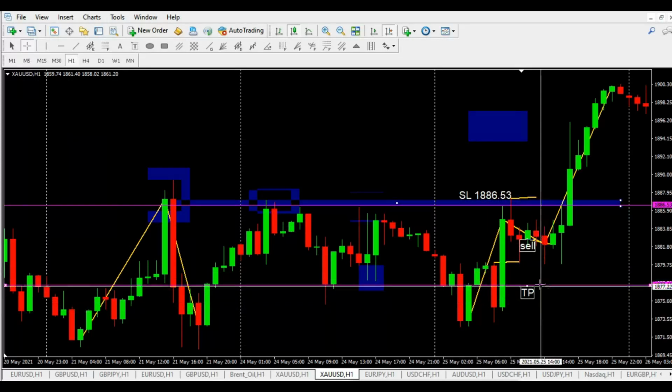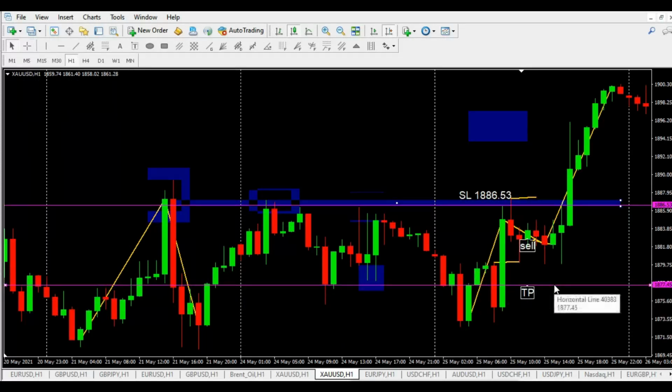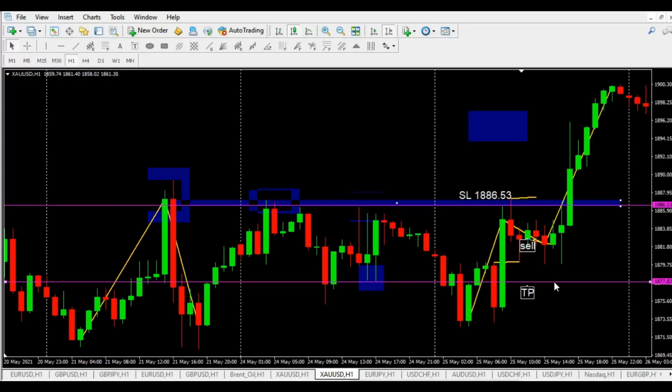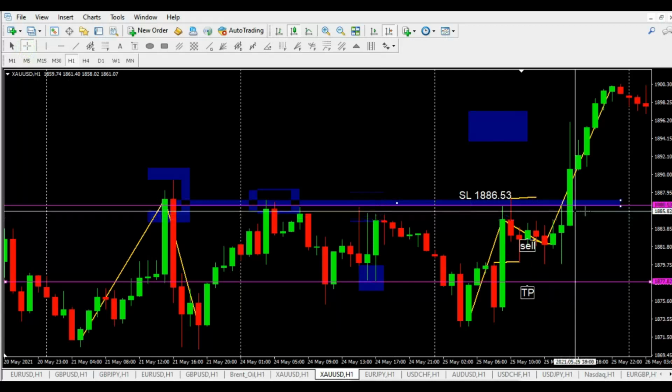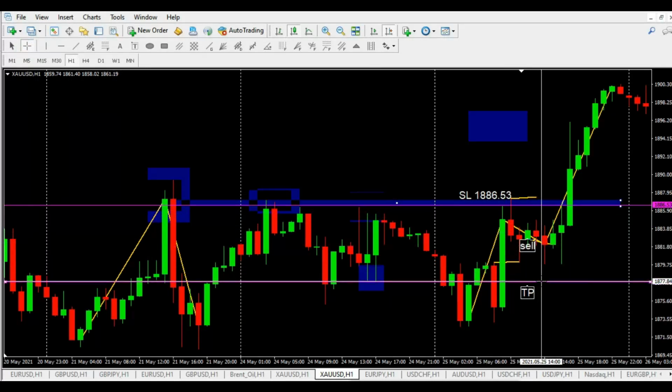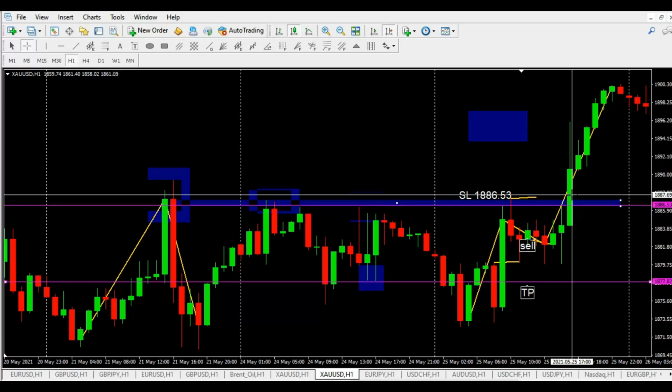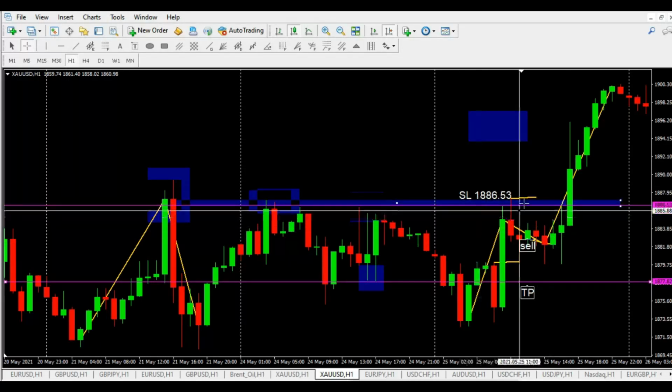If the take profit is too far, too wide from our entry, the market cannot reach this take profit. So of course our entry is a loss, because the market does not reach our take profit and goes back up. So this is our loss.